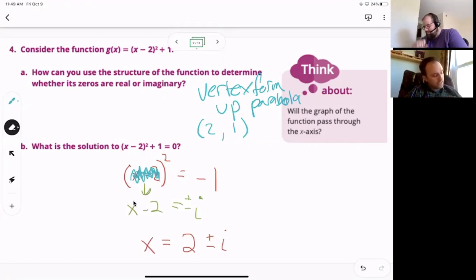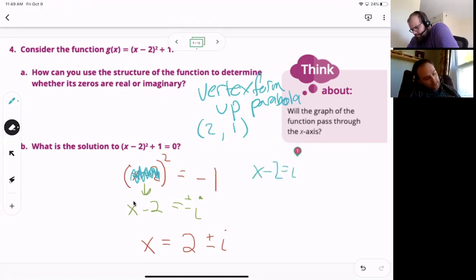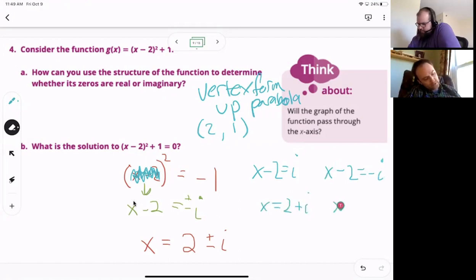Now, if you're scared and if you're confused, what Mr. Carlson has written in the past, we could have written as x minus 2 equals i, x minus 2 equals negative i, add 2 to both sides, 2 plus i, add 2 to both sides, 2 minus i. That's the same answer.